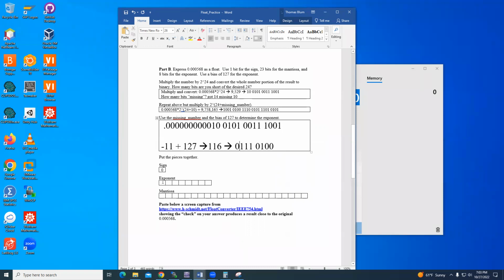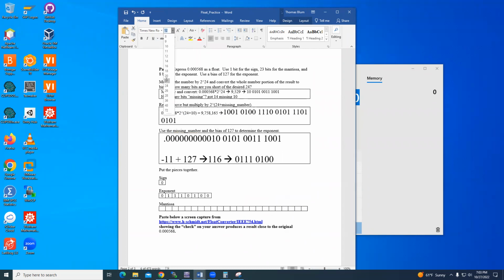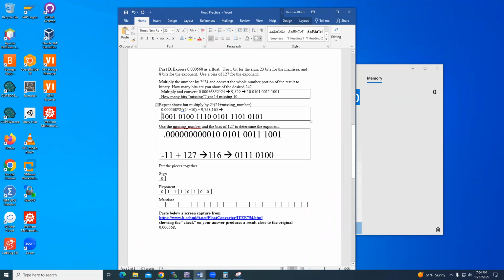Okay, so there's my exponent, 0, 1, 1, 1, 0, 1, 0, 0, and then what is my mantissa? Up here when I had 24, that leading 1 is not stored.